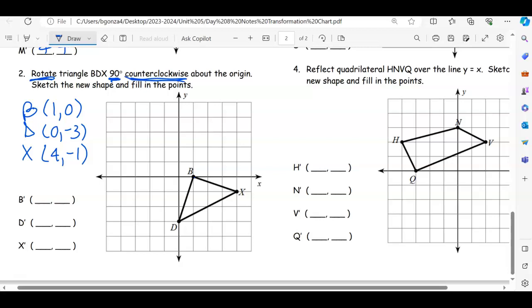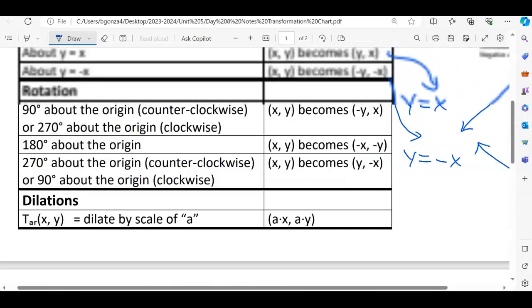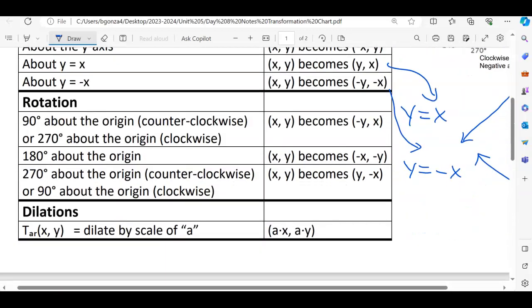Remember, there's two 90s on your rules. One is counterclockwise, one is clockwise. So let's go back to find the rule for 90 counterclockwise. So look, this one says 90 clockwise. That's not it. 90 counterclockwise. That's the one that I want. Okay? So that's a rotation, 90 counterclockwise.